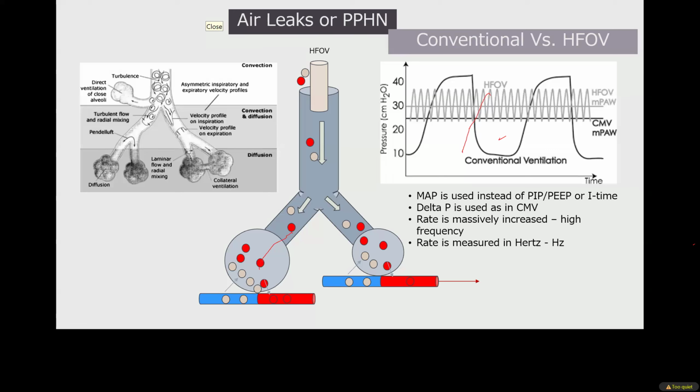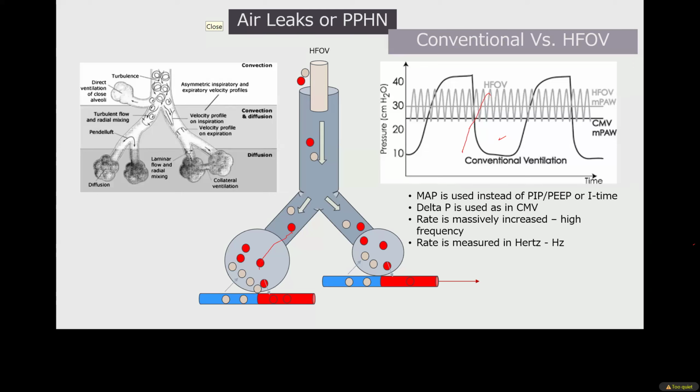So I just want to do a quick introduction to high frequency ventilation and how it compares with the conventional ventilator we talked about. The figure here shows an overlay of conventional ventilator breaths in bold and high frequency ventilator breaths in light. Let's see how the high frequency ventilator differs.